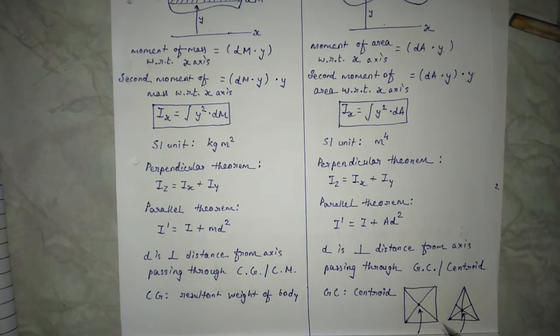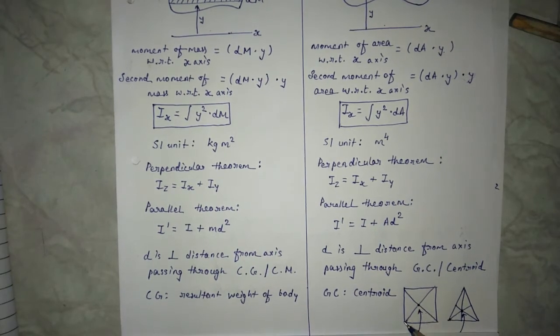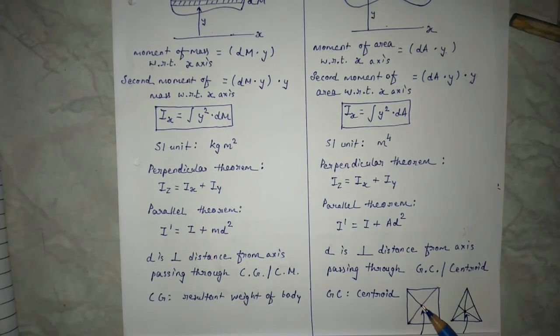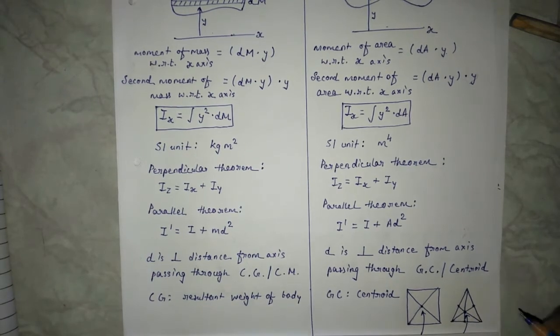Centroid is basically, in a 2D diagram, say a square, the center point we get. In a triangle also, we take the midpoints of the edges, and the point where the lines meet is called the geometric center. And you know CG very well, the center of mass.